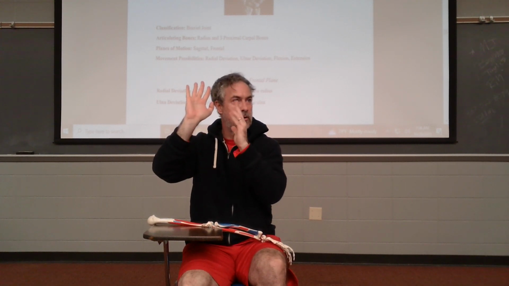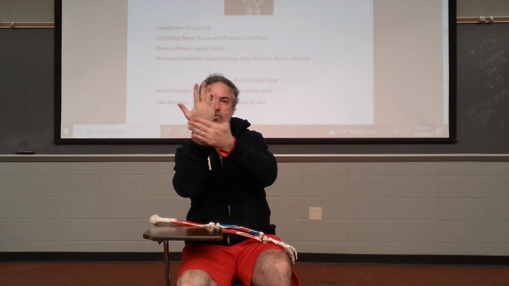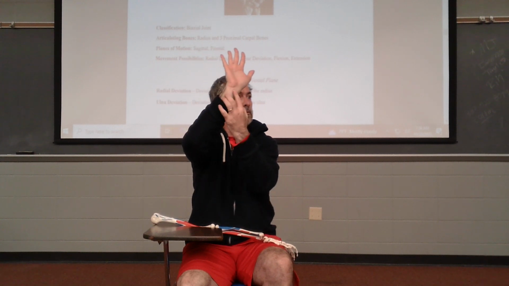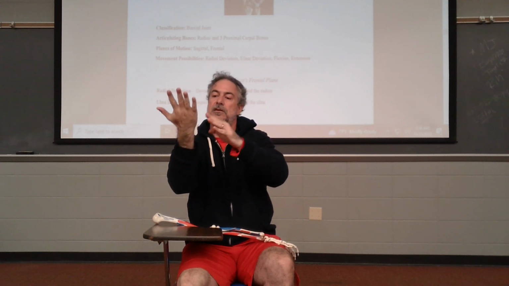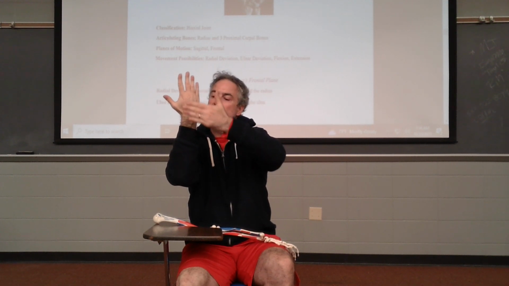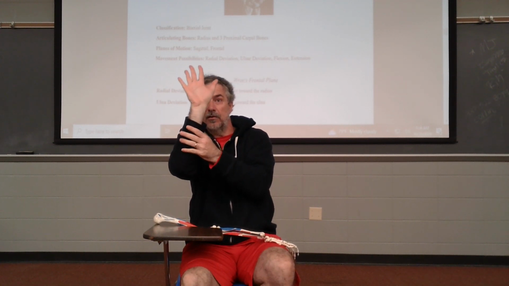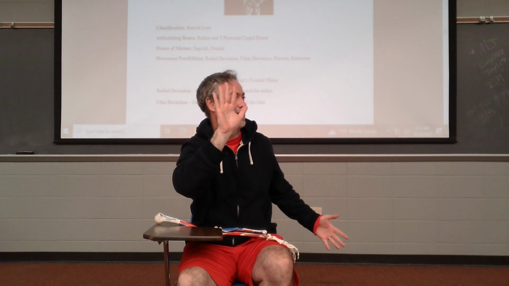Here's another proof that the wrist doesn't twist. This is the anterior part in anatomical position. This is the front of my hand. This is the dorsum, the back. But when I rotate my forearm, you see the front of my hand and the front of my forearm because both of them moved.